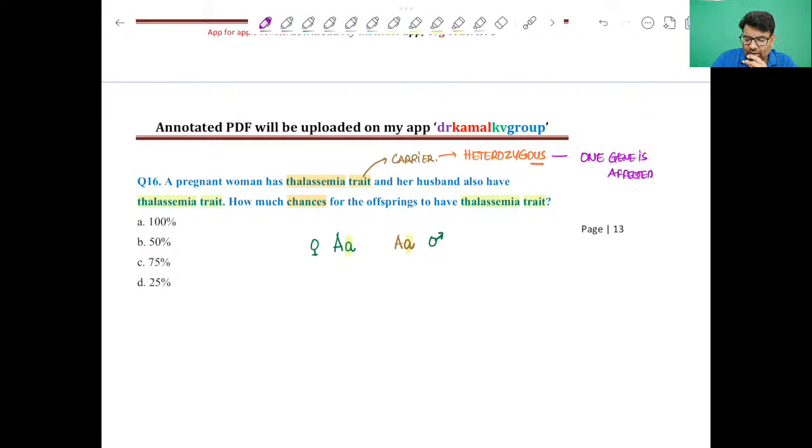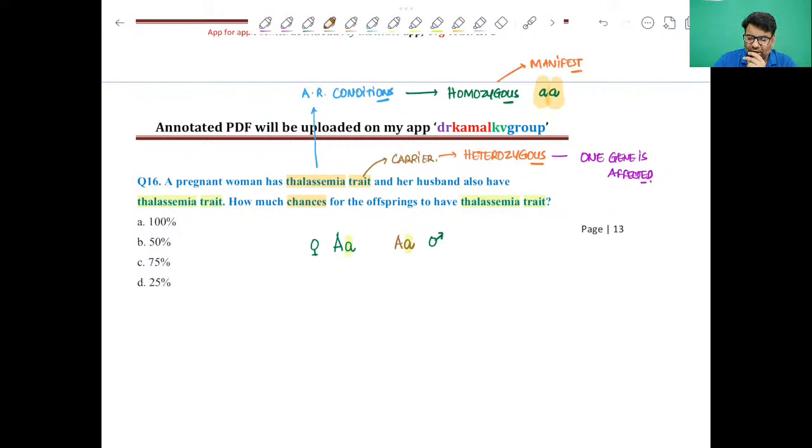Clear? And autosomal recessive conditions manifest only in homozygous state. Only if the child is homozygous, so both the genes are mutated, then only he will manifest. So a person who is homozygous will manifest. A person who is heterozygous will be a carrier.